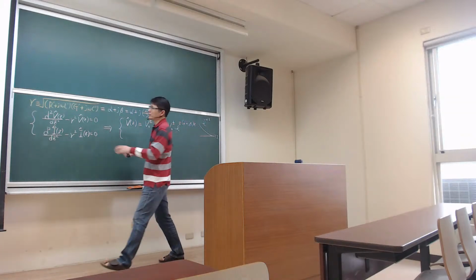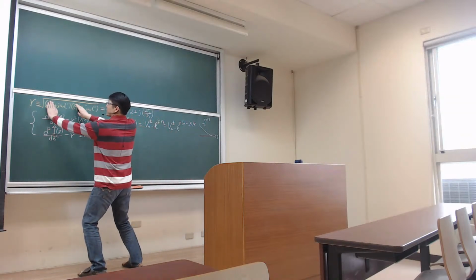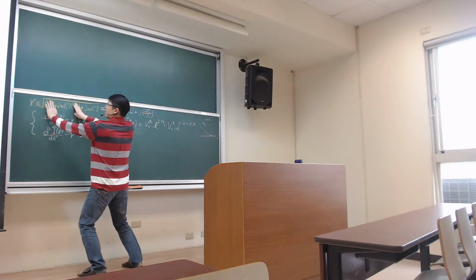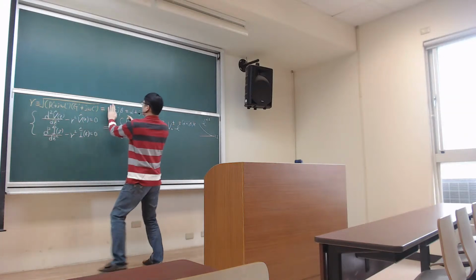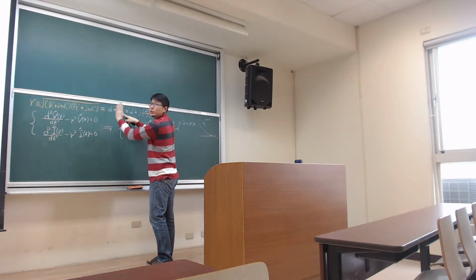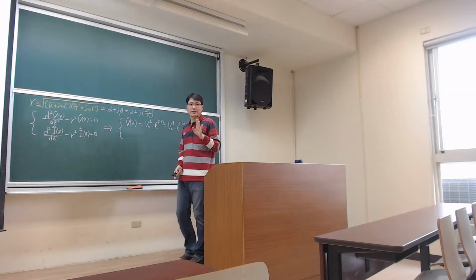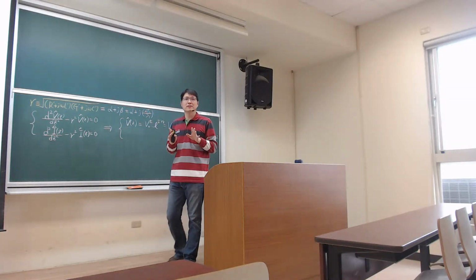So if we don't have resistance and conductance, then this gamma becomes purely imaginary, so you don't have loss. Are we clear up to now?